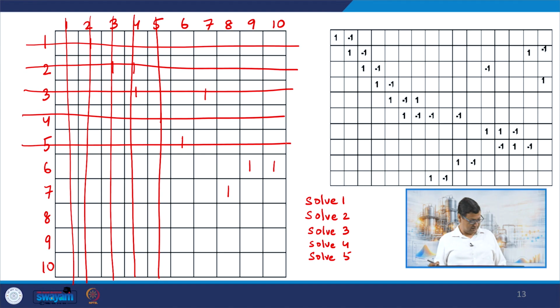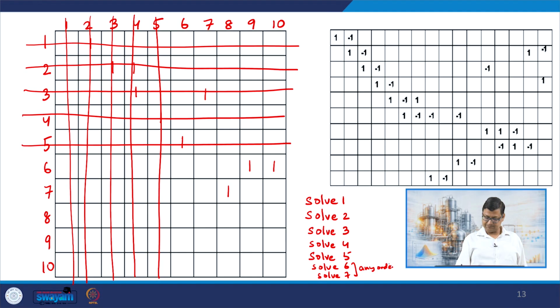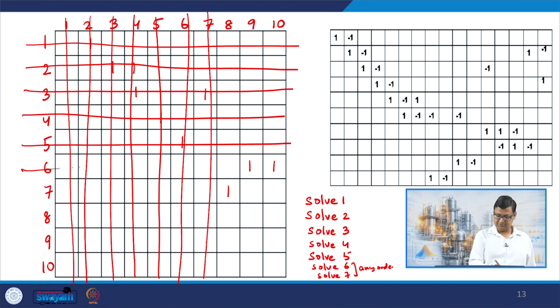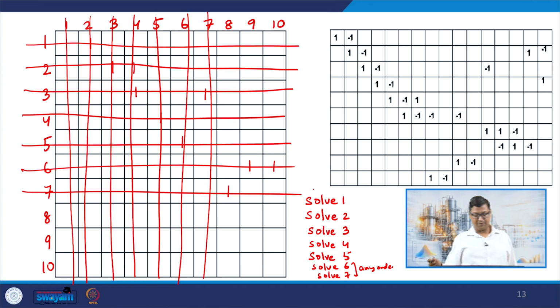And then we can see that we can get rid of 6 and 7 in any order. And now pretty much we have the vertices remaining that have no ancestors, no descendants. So we can now solve 8, 9, 10 again in any order.